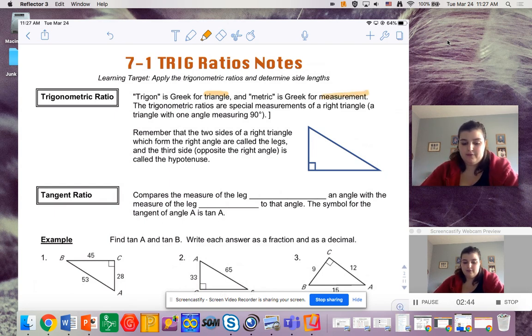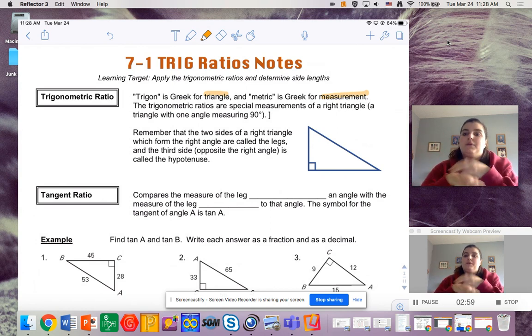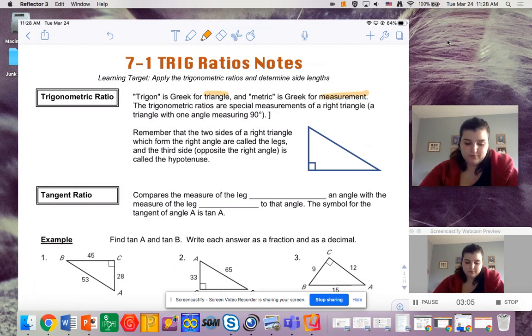So triangles have 3 angles and 3 sides. And trigonometry is all about using shortcuts to find missing things that you might need to know using minimal amounts of information. Okay, so kind of like we did shortcuts in our triangle congruence unit, we're going to use trig as a shortcut now.